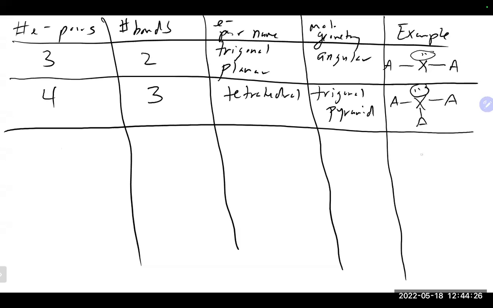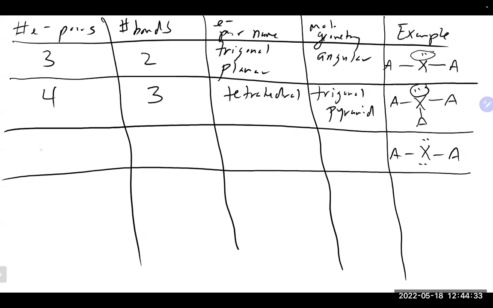And lastly, if we have something like this, which is basically like water, we have 4 electron pairs and 2 bonds. Once again, the 4 electron pairs will give you tetrahedral for your electron pair geometry. This is the worst situation. We have non-bonding electrons near non-bonding electrons, and we get what is referred to as bent or V-shaped.